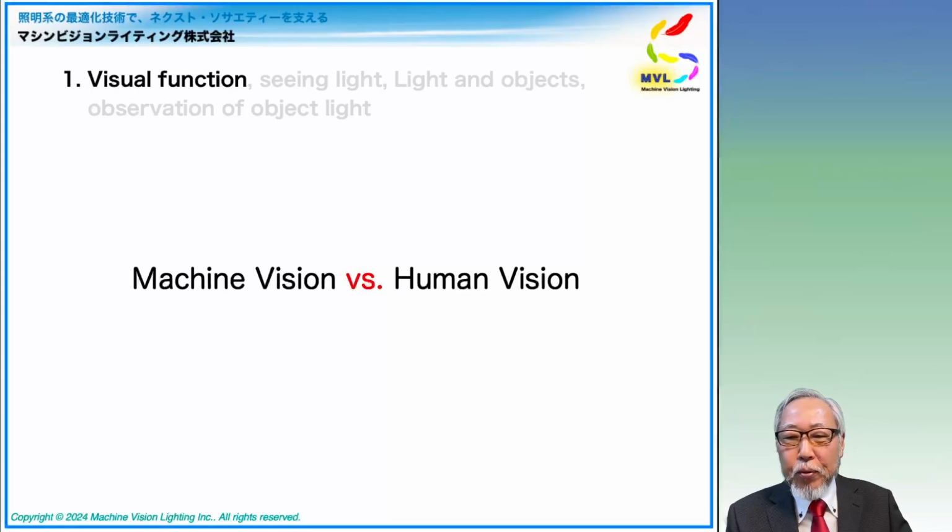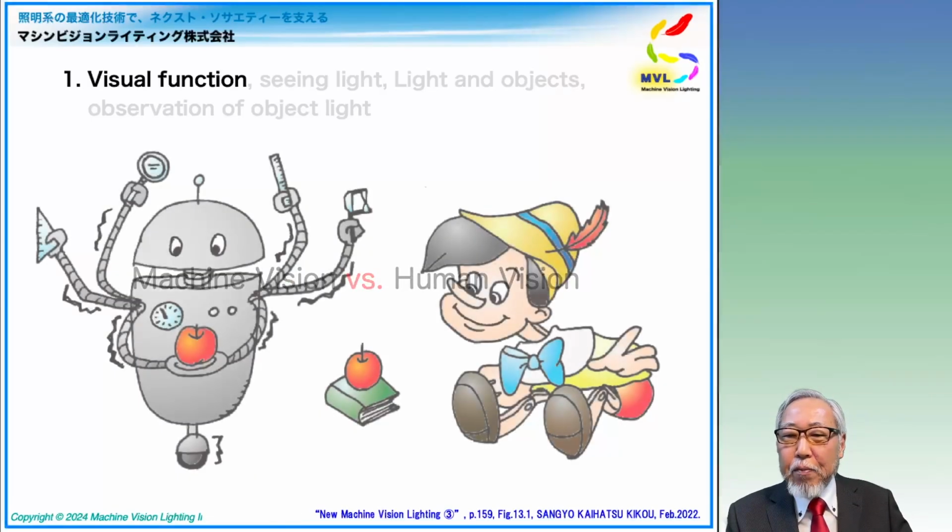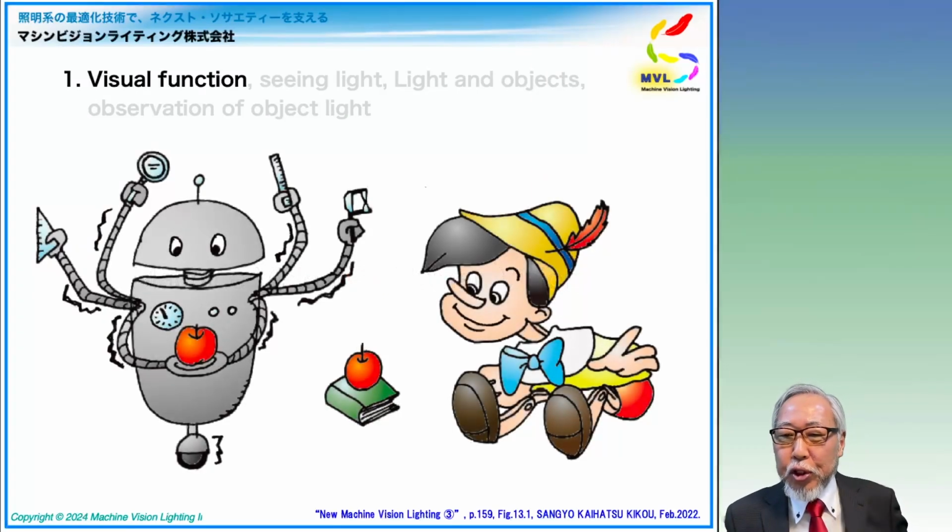For example, take Pinocchio. Pinocchio wants to become a human, and he begs the angel to turn him into a human. But while he is still a marionette, he can already see the apple. But can he really see it?